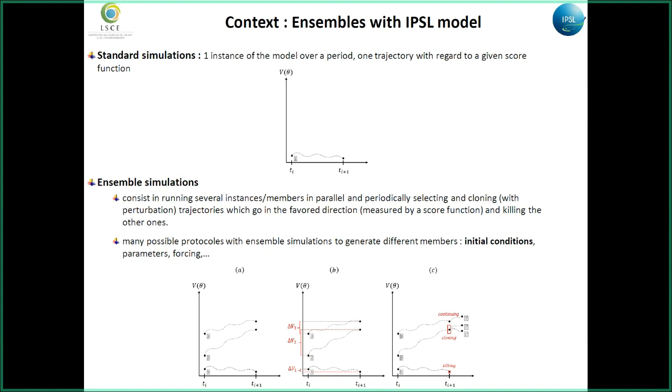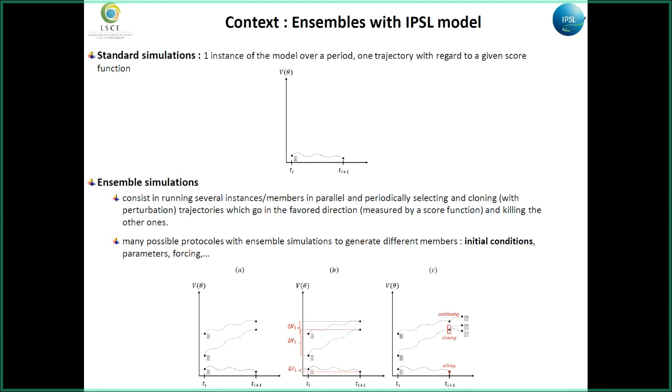There are many possible protocols to generate different members: initial condition, parameter, forcing. Here I will speak only about initial condition. On the figure, you can see that you have, for example, 3 members, that means 3 different trajectories.